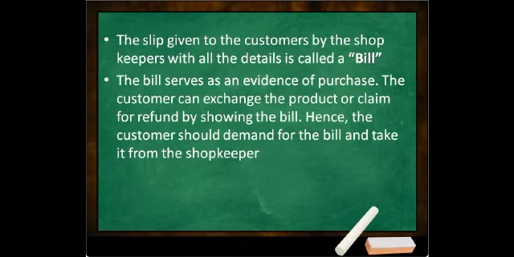Sometimes when you go home, you feel that the product is out of date or you want to exchange anything. So, you have to show the bill to the shopkeeper. He will either exchange it or he will refund the amount. So, the customer should always demand a bill from the shopkeeper.